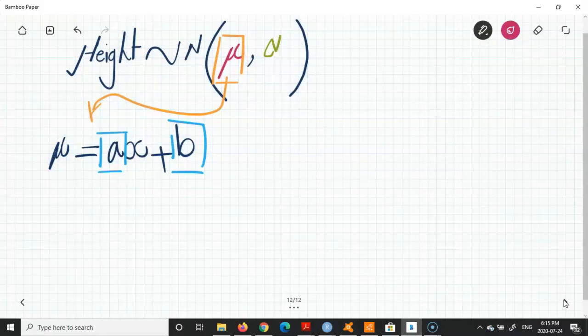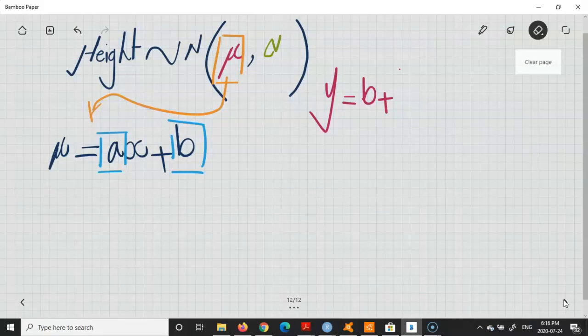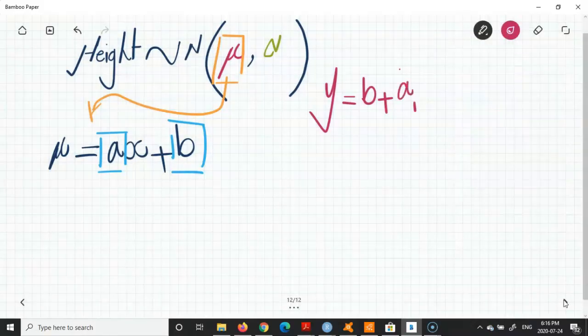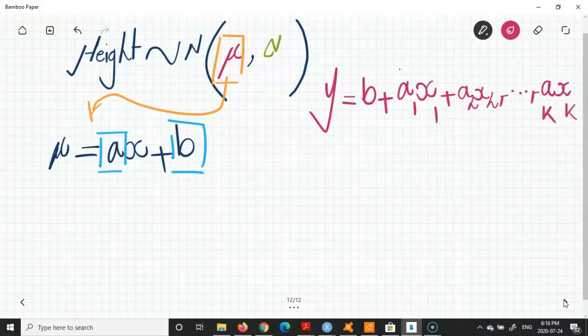Imagine that we have y, which can even be nu. It is going to be given by an intercept b, plus a1 x1 plus a2 x2, and it goes on to higher terms, up to ak xk. Each of x1 to xk is going to be a covariate, and at the same time, the coefficients a1 to ak are real numbers which define the slopes of our model.